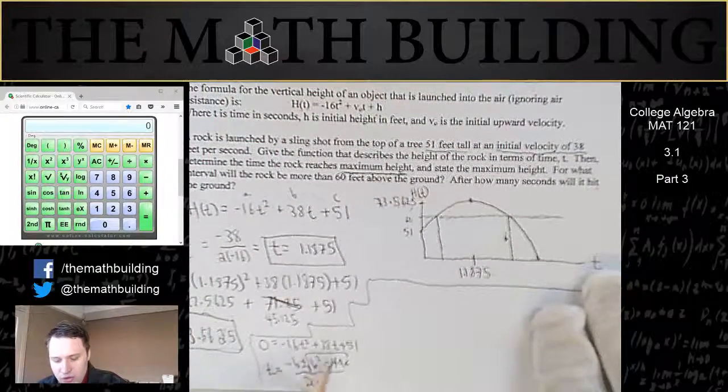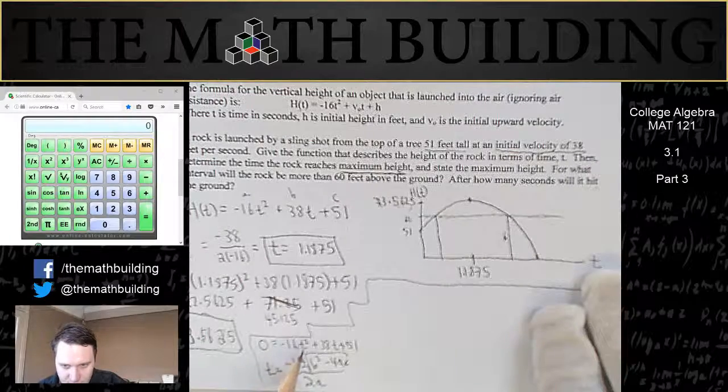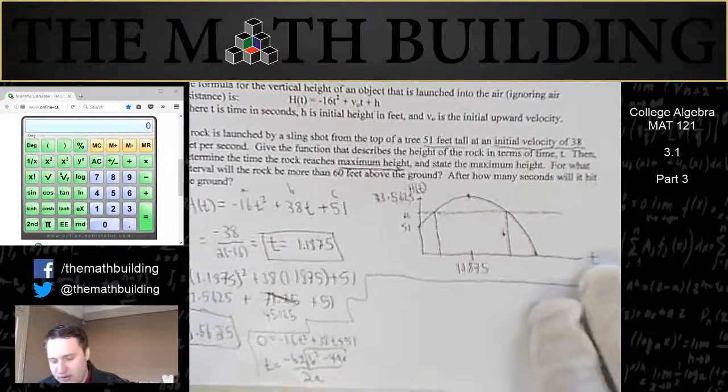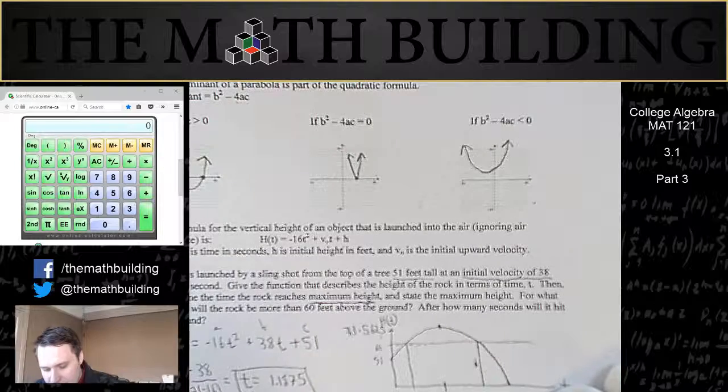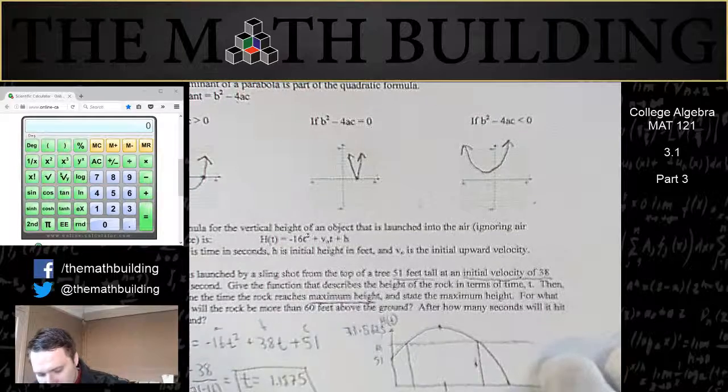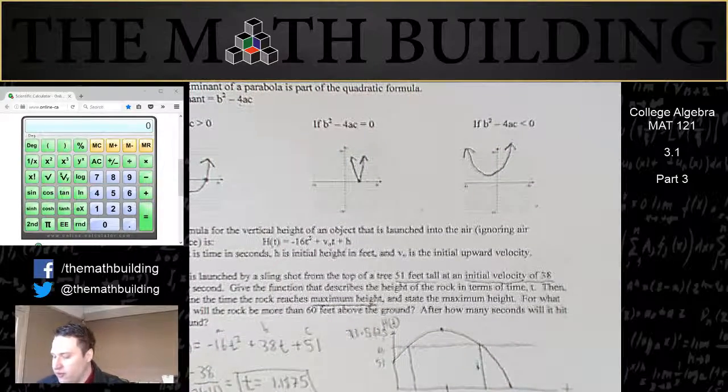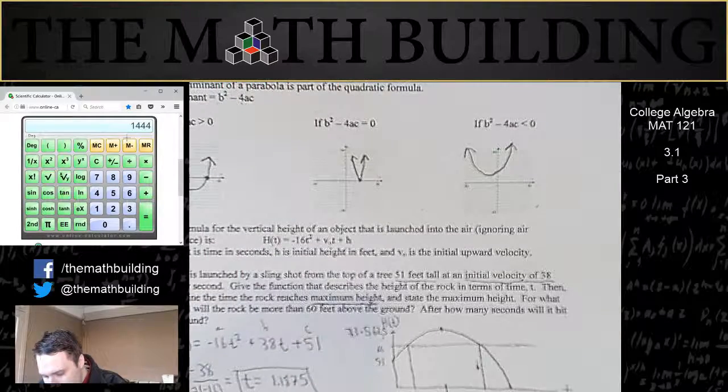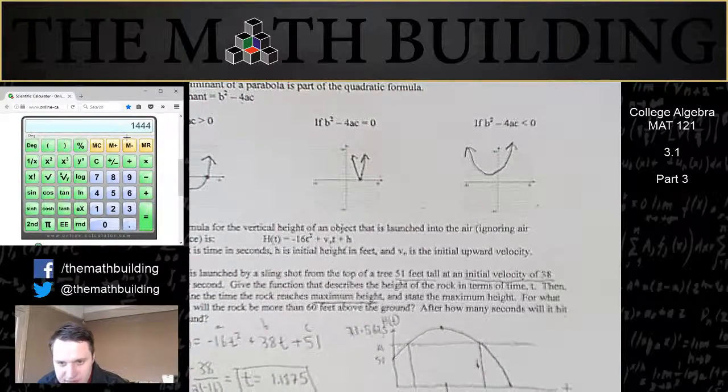So let's do the quadratic formula for negative 16t squared plus 38t plus 51. So plugging that in is going to be negative 38 plus or minus the square root of 38 squared. So let's do that in the calculator really fast. 38 times 38, 1444, minus 4 times a times c.